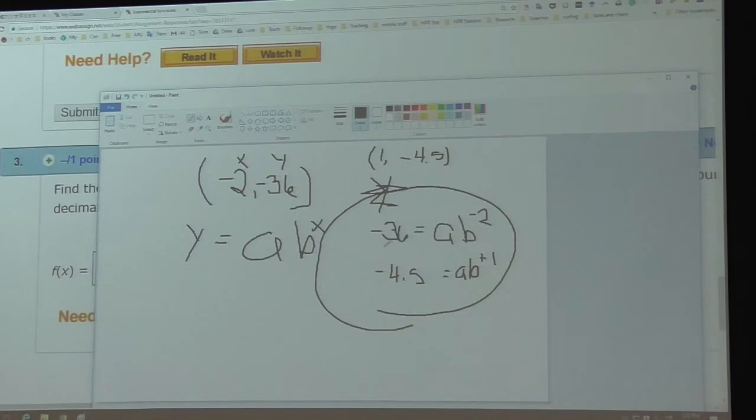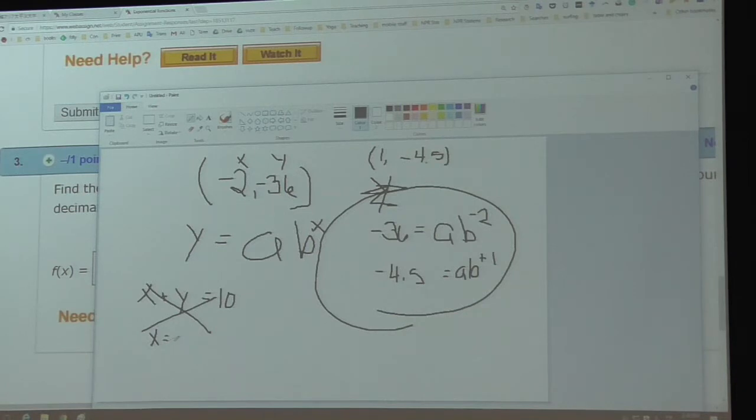Because before, if we just had one equation, there are probably many combinations of A and B that would work. Just like, when you have x plus y equals 10... sorry, that's not a good example.